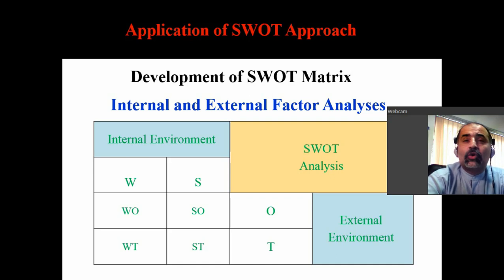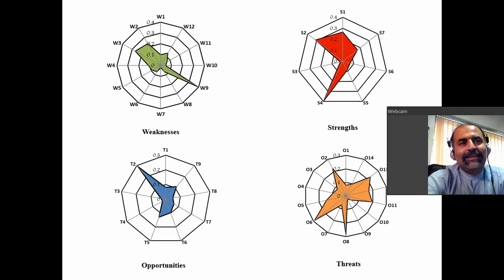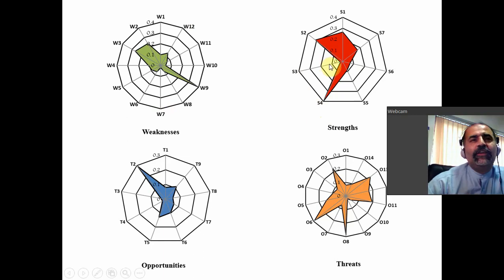So after recognizing all these dimensions and all components, then we could recognize how the strengths of our watershed are. Here you will see that S4 is a good one, and S3 is the lowest strength in our watershed.